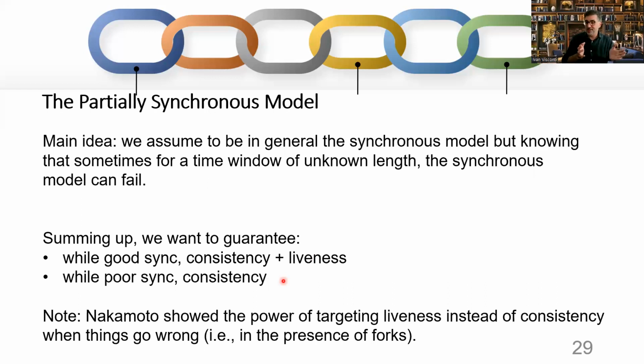You cannot have both consistency and liveness, because it's too much. There are those impossibility results that I told you about, or even if it's possible, it will be extremely inefficient to get something reasonable. But what is important is that Nakamoto considered the case of having liveness instead of consistency while the network gives very limited guarantees. And these are some consequences that we'll see.